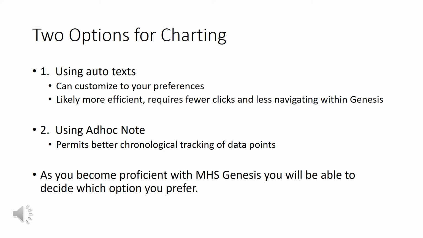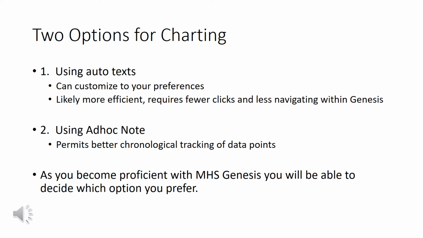There are two main options for charting information into PowerChart. The first is to use auto text. Auto texts are great because you can fully customize them to meet your personal preferences to display what you want. Additionally, I find them to be more efficient as they require fewer clicks and less navigation throughout PowerChart to input the data. The other option is to use the ad hoc note.